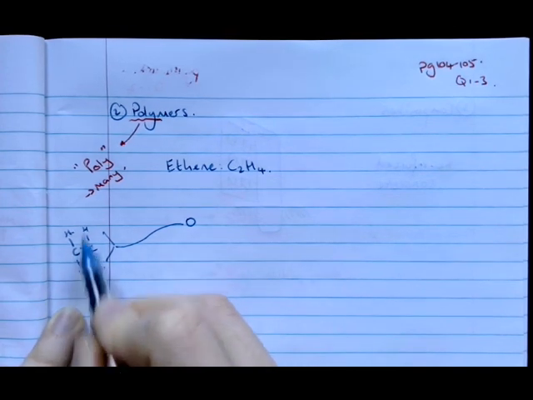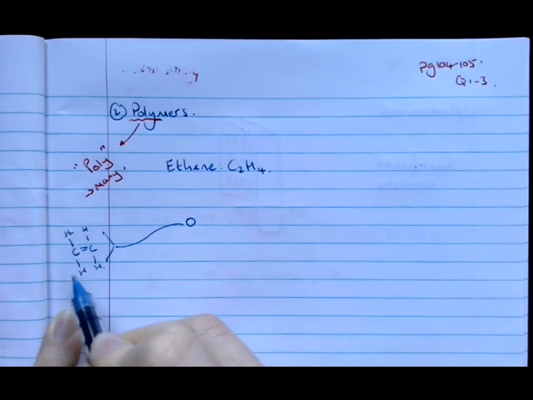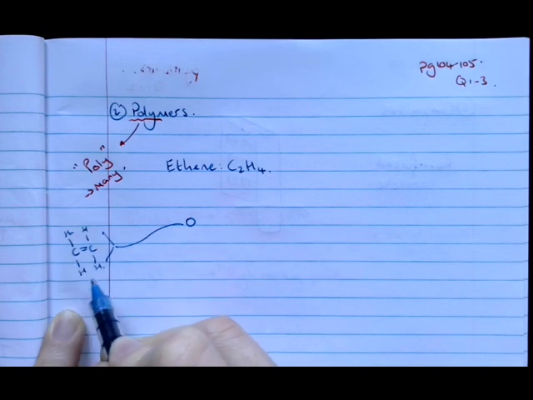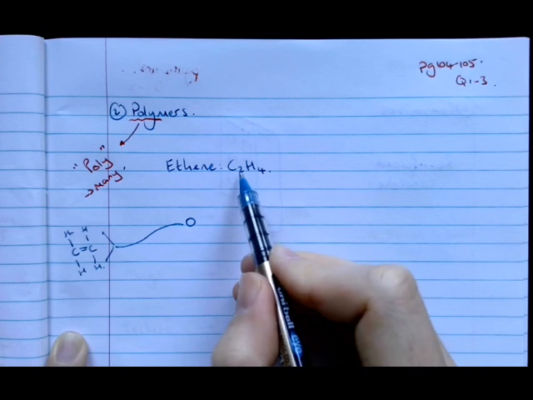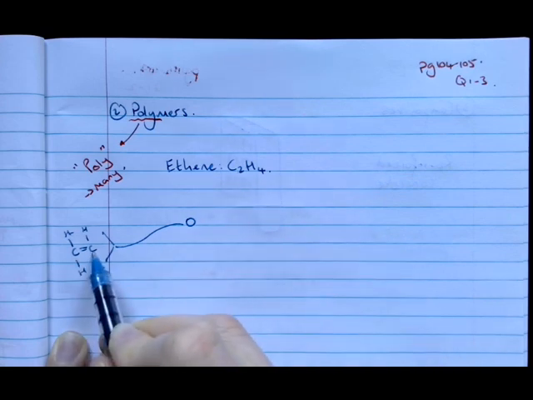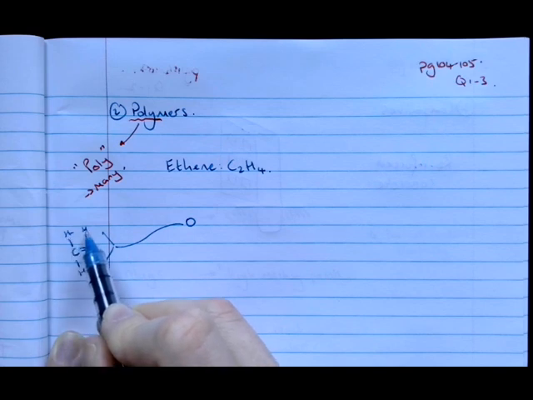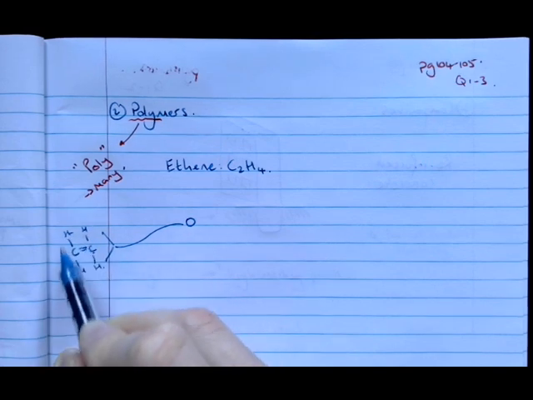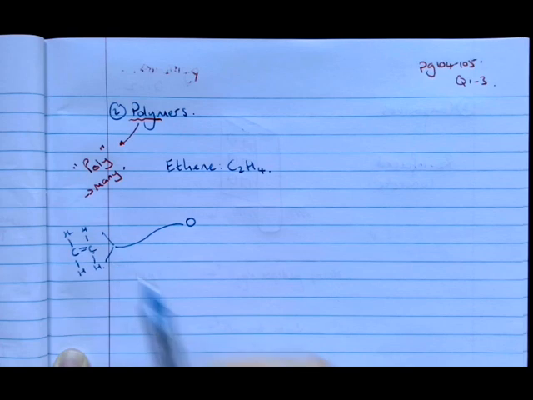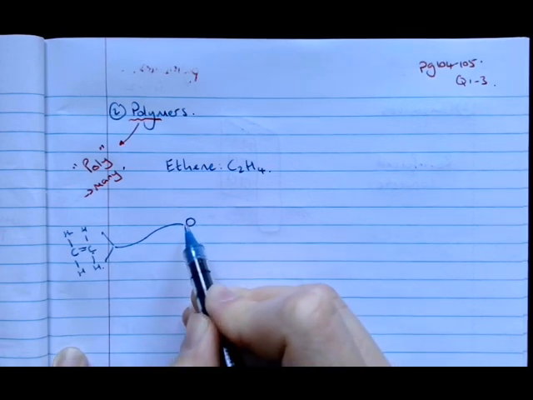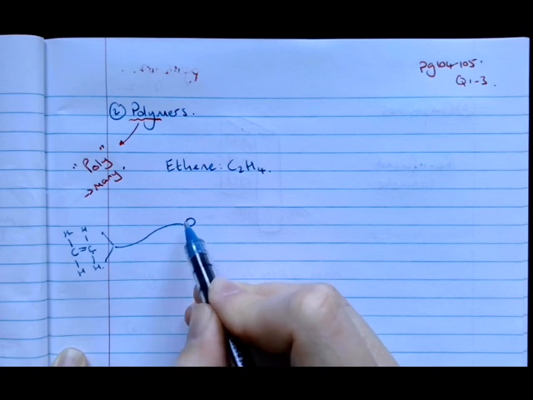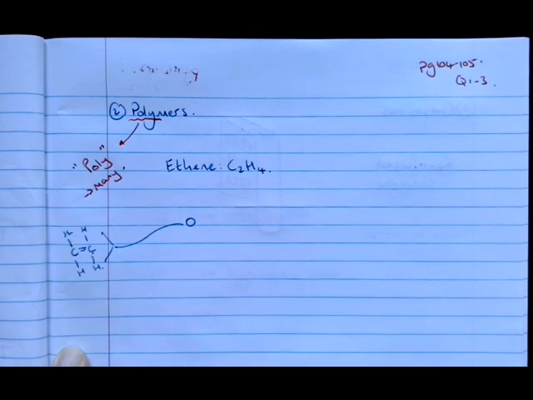Now we haven't talked too much about this kind of thing before, but don't worry about it too much. Just remember that if it's C2, it means I must have 2 carbon atoms, and if it's H4, it means I must have 1, 2, 3, 4 hydrogen atoms. But that's what a molecule of ethene looks like. So when I draw this circle, I don't want you to start thinking that it looks like a circle. It doesn't. That's just a representation. It's just a model for something else.